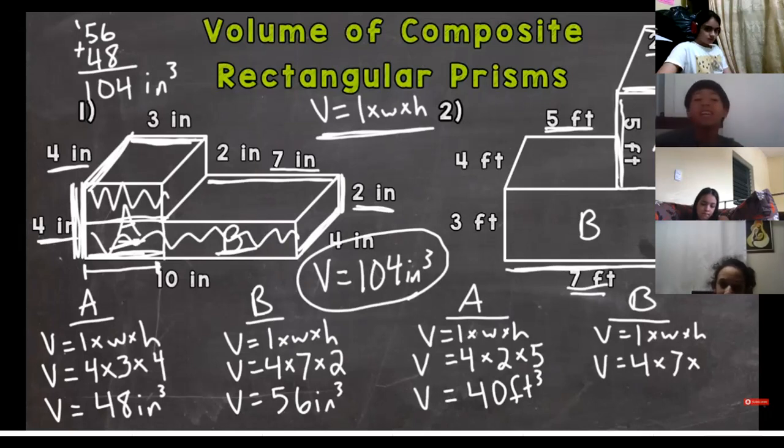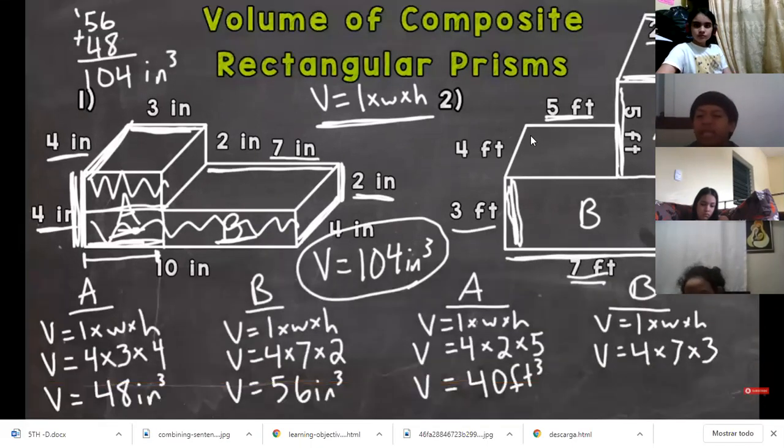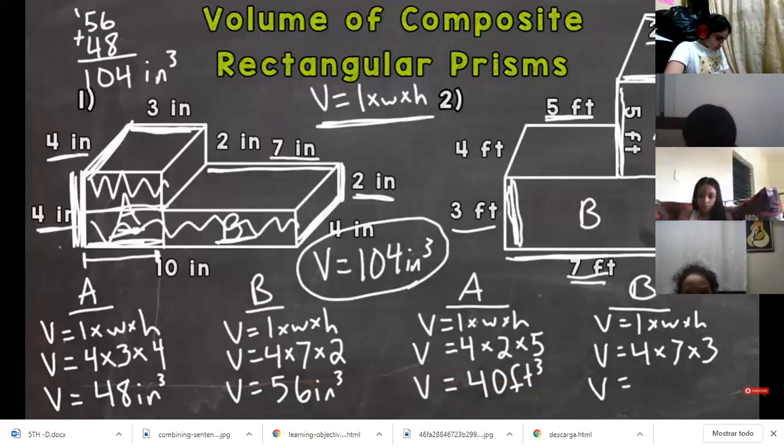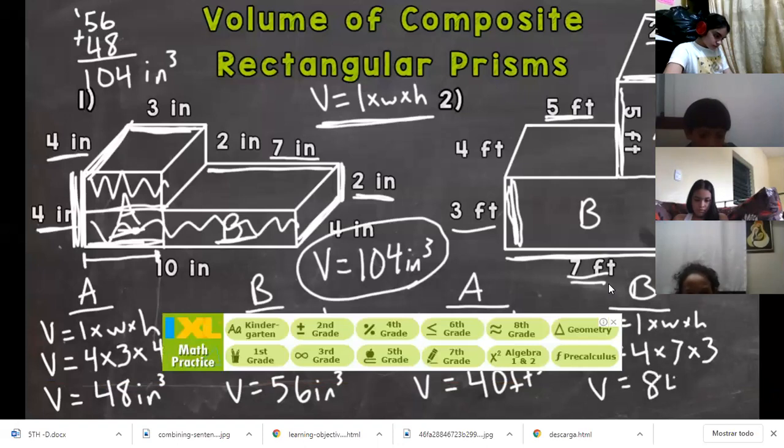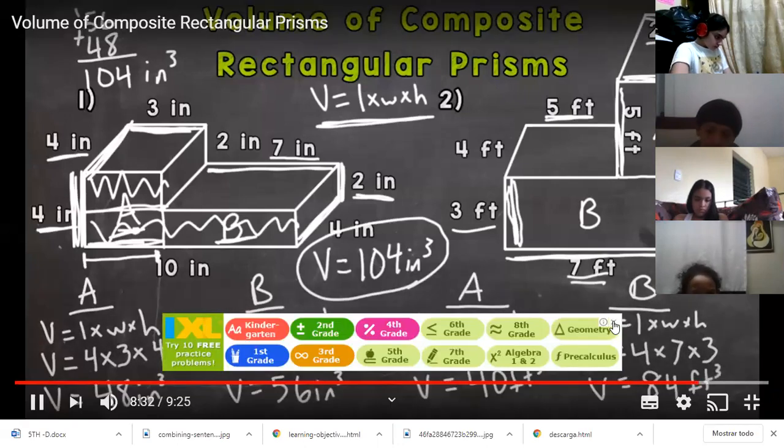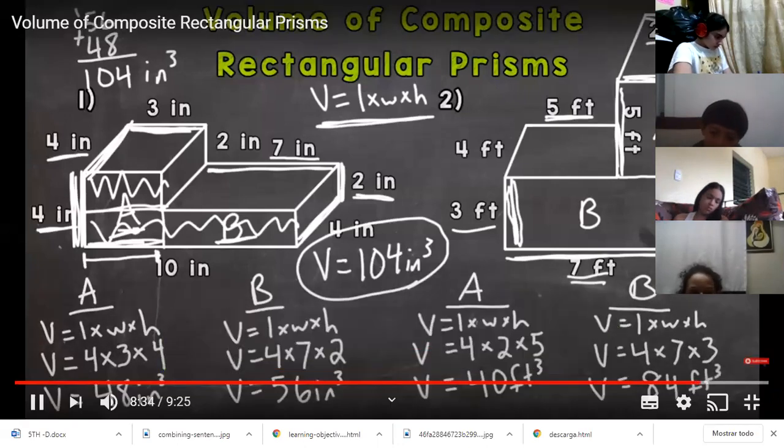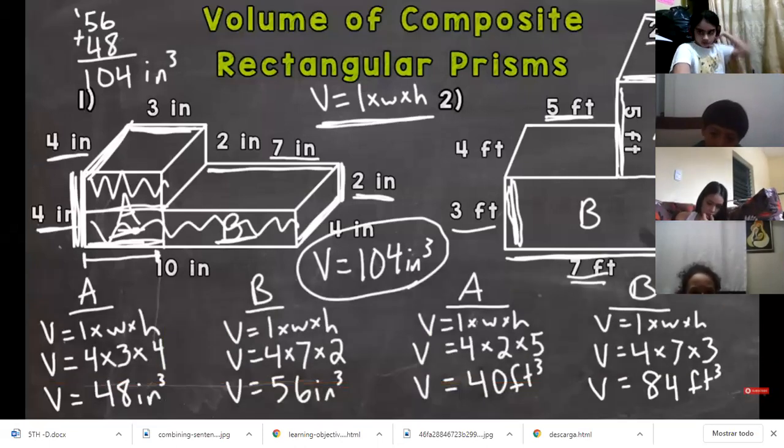It includes A and B. So we want right here, which is this 3 feet. You do not have to use all of the numbers when you get to these types of problems. So 4 times 7 is 28, and then 28 times 3 is 84 cubic feet. So we get 40 plus 84, which is going to give us 124 cubic feet.